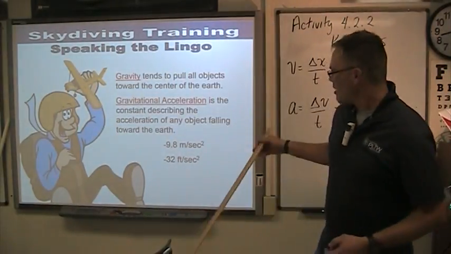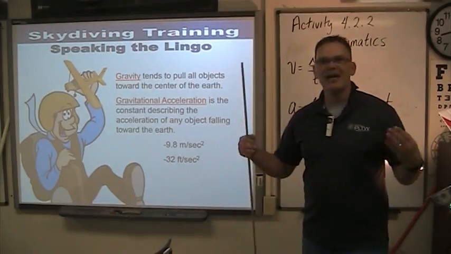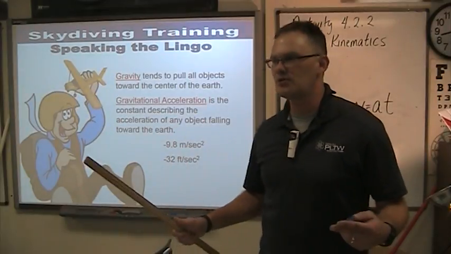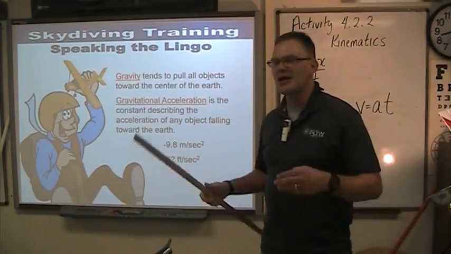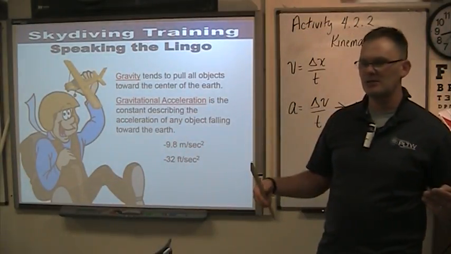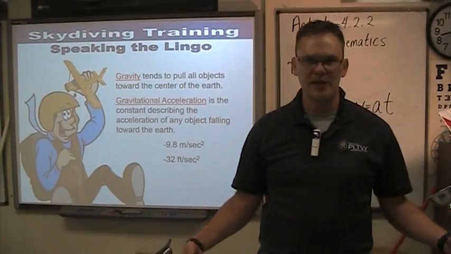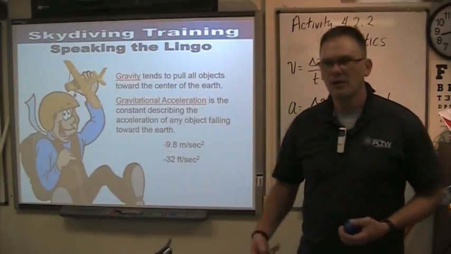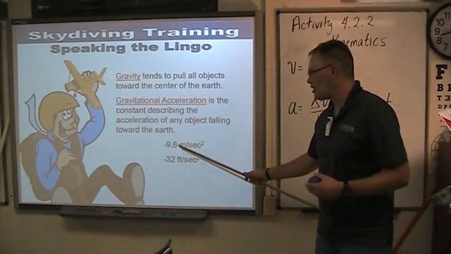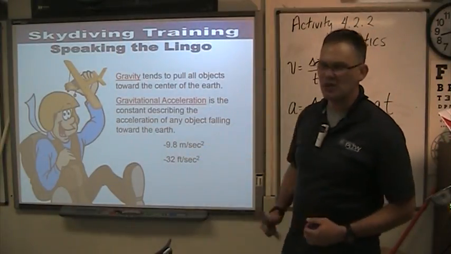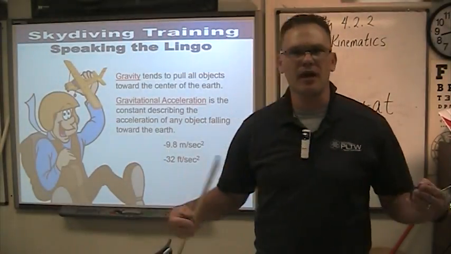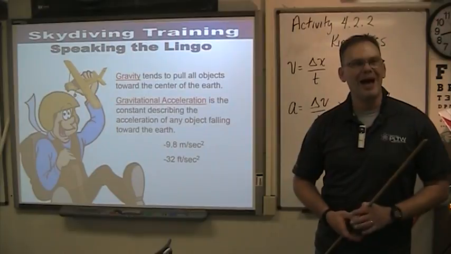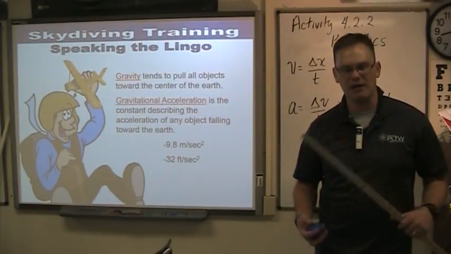Well, if gravity is accelerating an object at 32 feet per second squared, this simply means that as every second passes, an object speeds up by 32 feet per second. Or, if we're looking at SI units of 9.8 meters per second squared, every second that an object falls, the object speeds up by 9.8 meters per second.